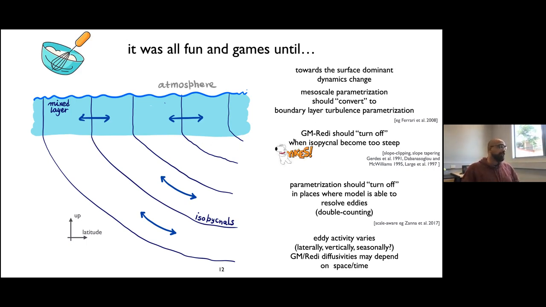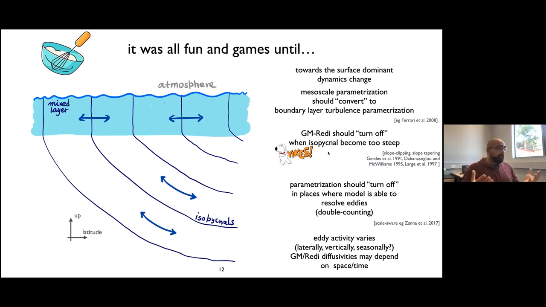This is related to the fact that as we approach the top, the isopycnals become infinitely steep, and usually this second part is implemented in ocean models with if statements. If the slope is more than something, turn it off, or what people call slope clipping or slope tapering. This is an important part of the implementation of the parameterization. If you don't include that, you get nonsense. Other issues with this sort of parameterization is that the eddy size changes with latitude.